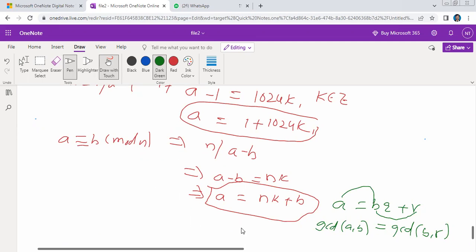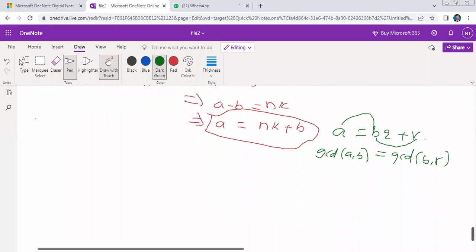So according to this rule, in this case, GCD of A comma n is equal to GCD of n comma b.